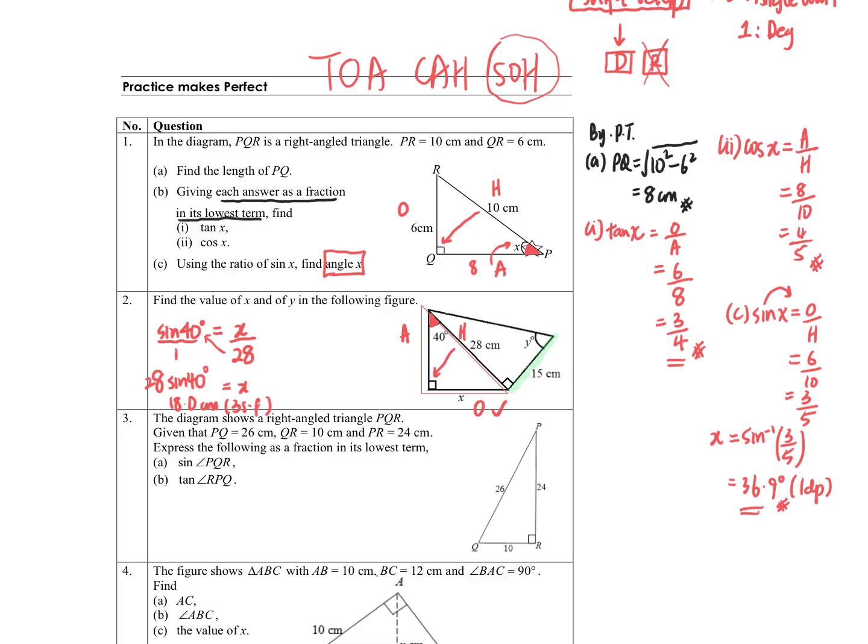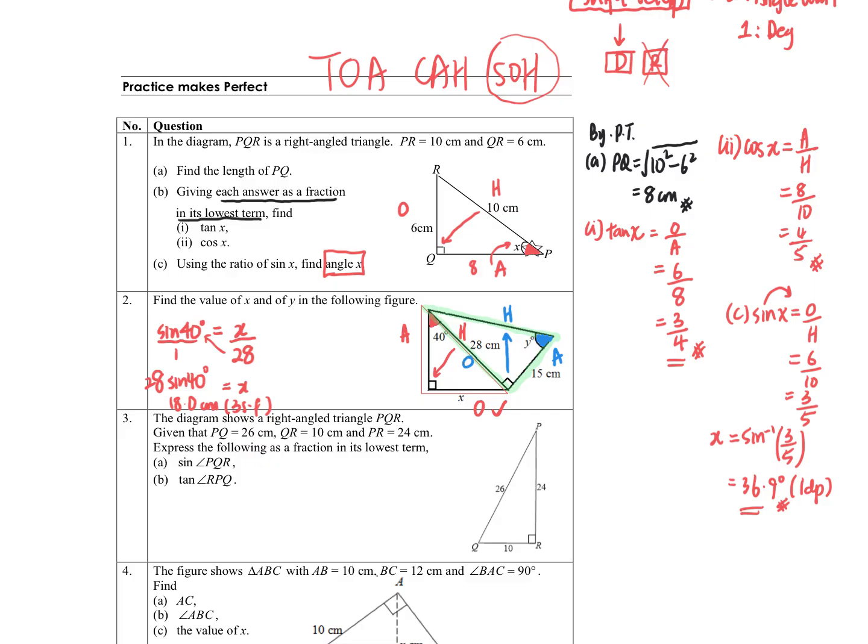Okay, next triangle to focus on, the green one. So remember, no matter what, when you have a right angle triangle, go and identify the H first. So H is opposite the 90 degree. Since your angle is here, so adjacent side is next to it. And then this part here is your opposite.